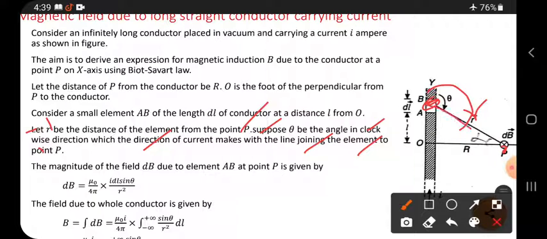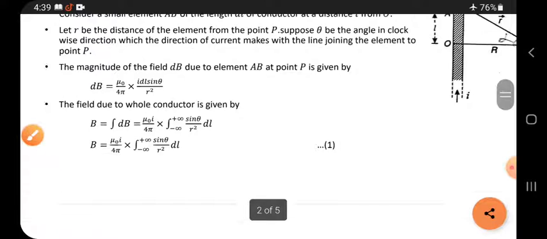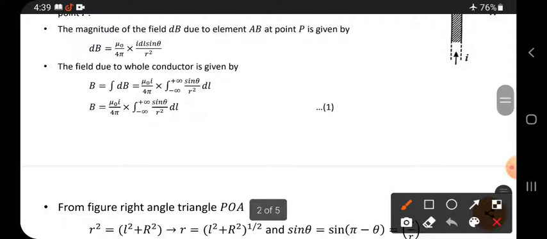The magnitude of the field dB due to element AB at a point P is given by the Biot-Savart law. Now, to get the total magnetic field, we simply integrate it.